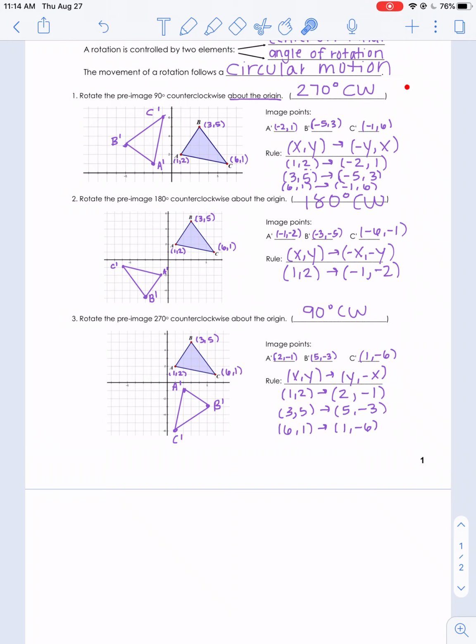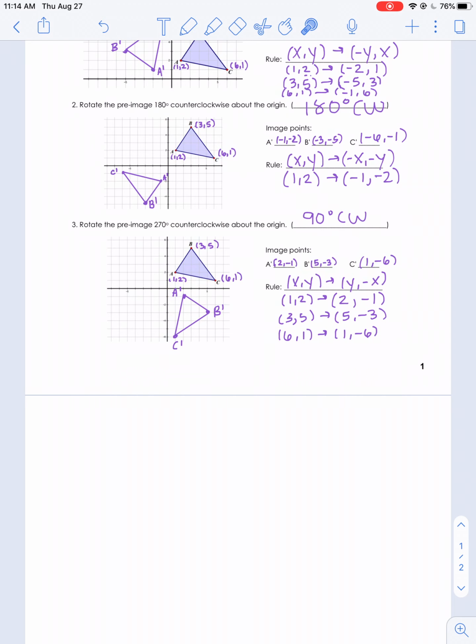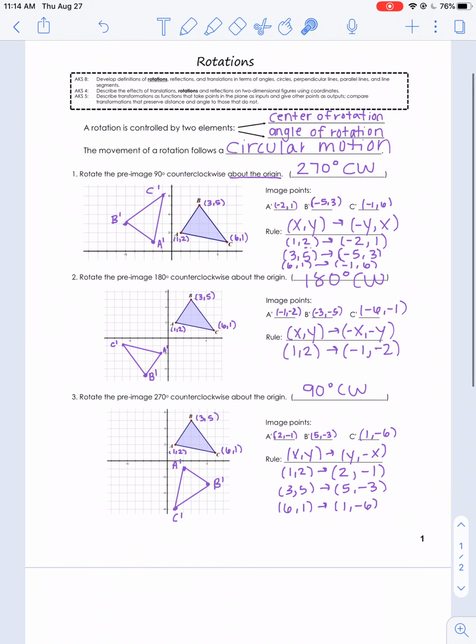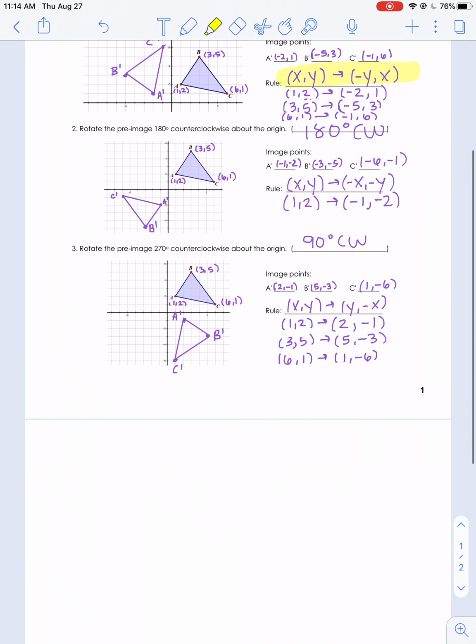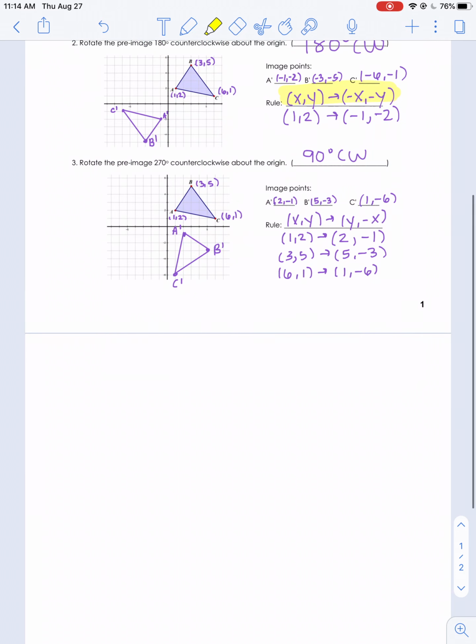But you should know that this also relates to the corresponding clockwise rotation as well. Now, on this page, the most important thing that you need to know are all of the rules. The rules are what's going to help you the most. So make sure you know these rules for all 3 of the rotations.